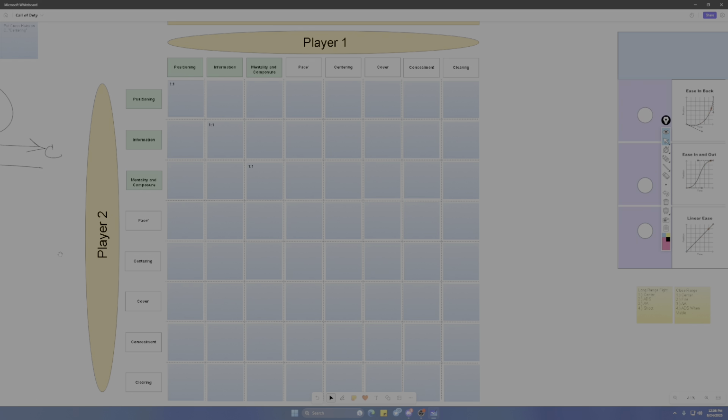And if you want to play faster, then you need to improve at your understanding of positioning, information, and your mentality and composure. So the goal here is to really prioritize in what order you learn the game and how you actually improve.